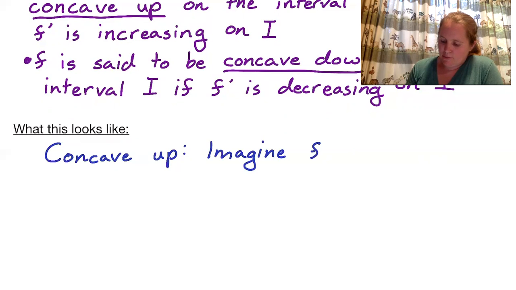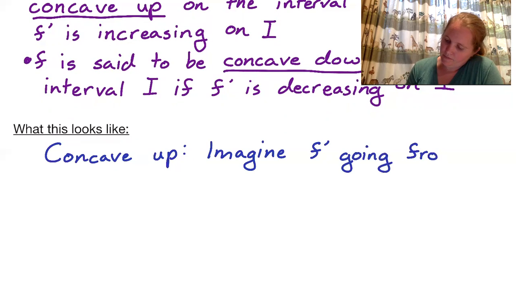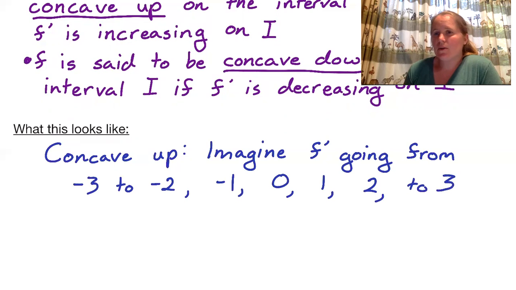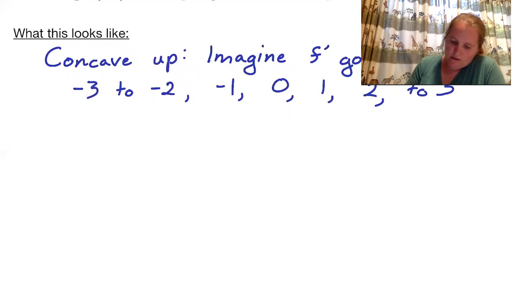So imagine f prime going from -3 to -2 to -1 to 0 to 1 to 2 to 3. So we're looking at the slope of the tangent line, and we can visualize what's going on.